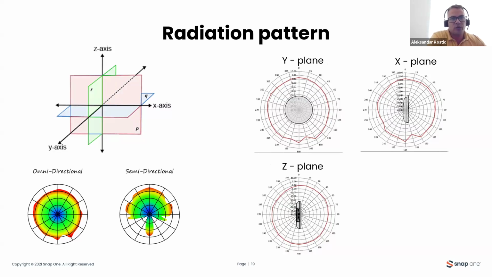So we have an integrated omnidirectional antenna, and this is the only way these access points can be used. With access points where you have an external antenna connector, you can use a directional antenna and that way change the radiation pattern. In this case, everything is integrated and you always have omnidirectional, with a preference to have a radiation beam going directly from the front face of the access point.